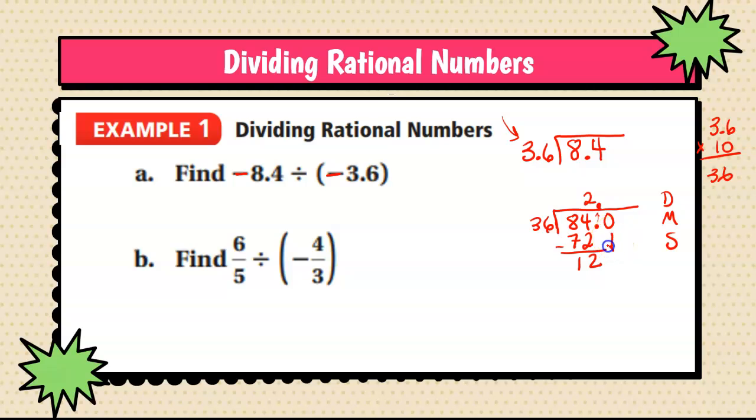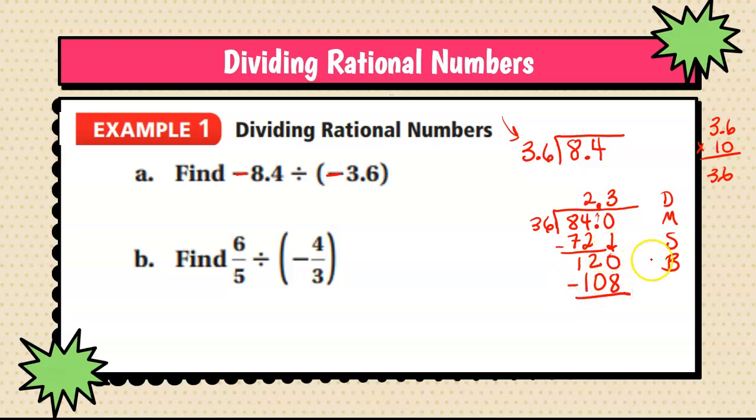So I'm going to bring down this 0. Now I have 36 being divided into about 120. You might do a little bit of guess and check, or you just may think of about how many times 36 might go into 120. We're going to try 3 and just multiply this out. So I'm going to multiply 36 by 3, and that's going to give me 108.